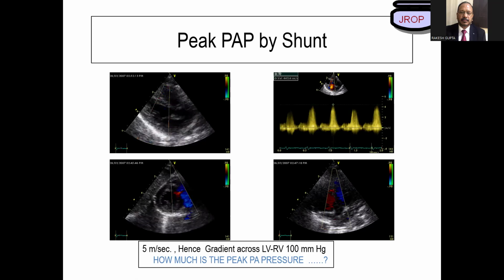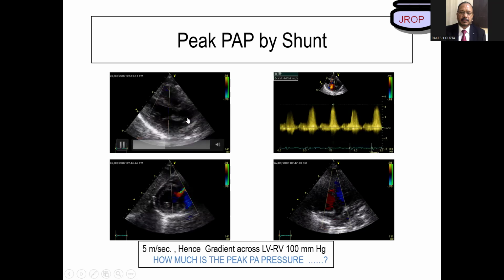So what would be my RV systolic pressure? 4 into velocity squared. Then what is the value? 16. Now the gradient is 64. This is 16. So 64 plus 16 would be what? 80 millimeters of mercury.